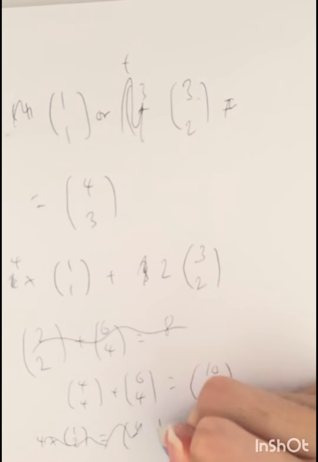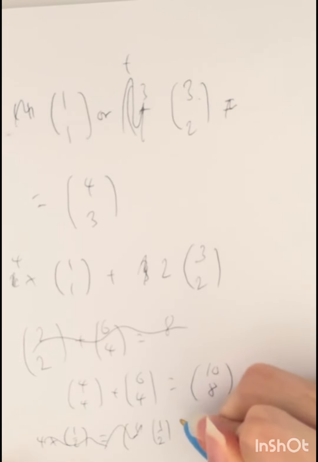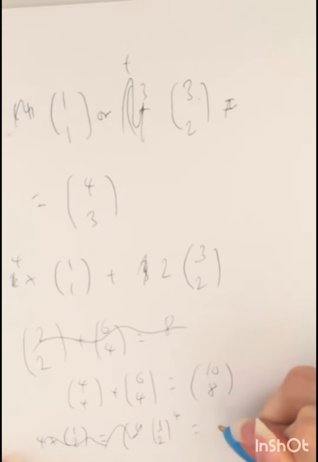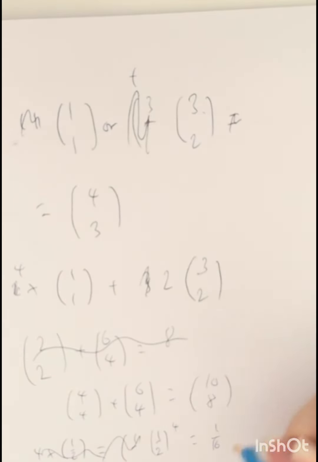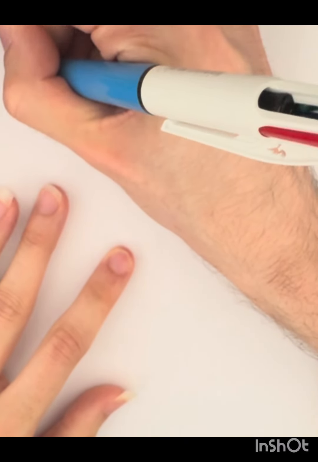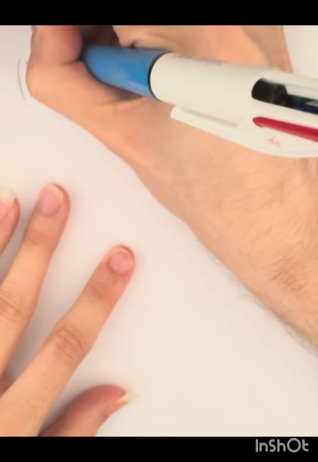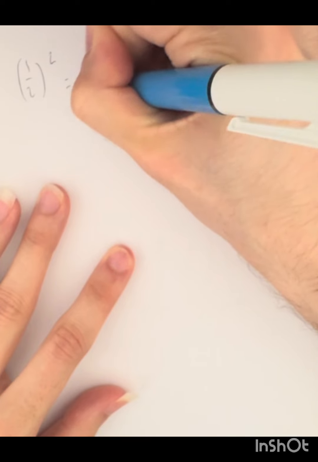a half to the power of 4, which equals 1 over 16. And then, to get 2 vectors with (3, 2), it would be 1/2 to the power of 2, which would be a quarter.